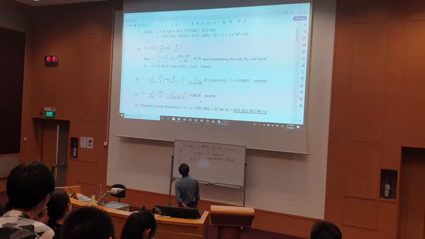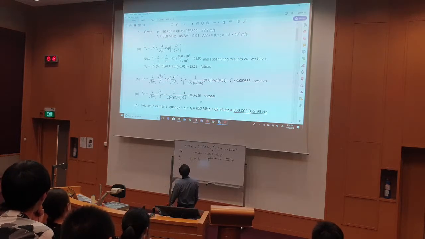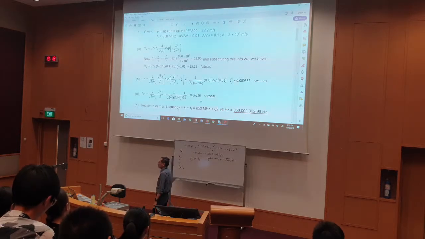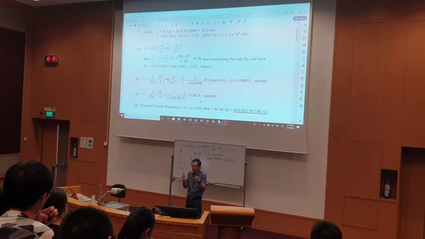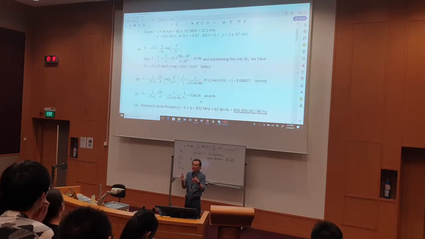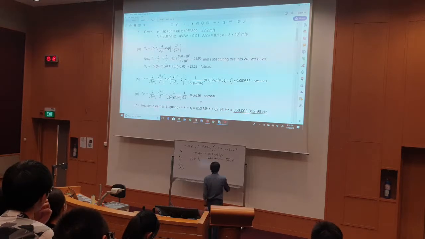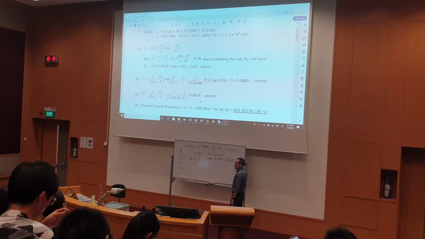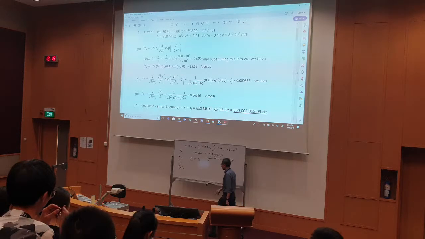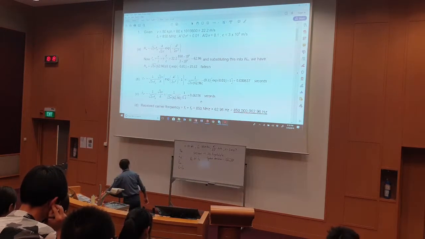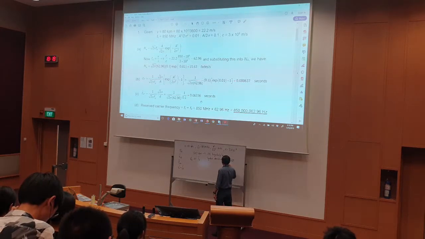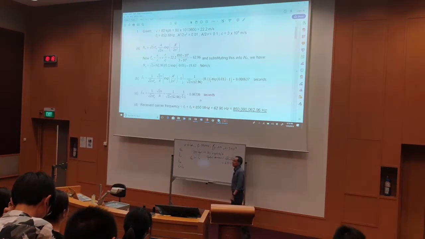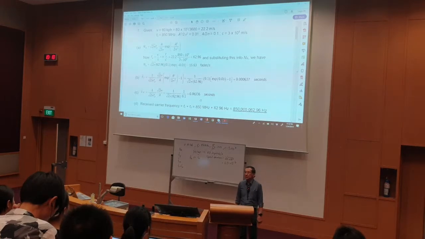So the duration between fades is 63.3 milliseconds, while the fade is about 0.6 milliseconds.